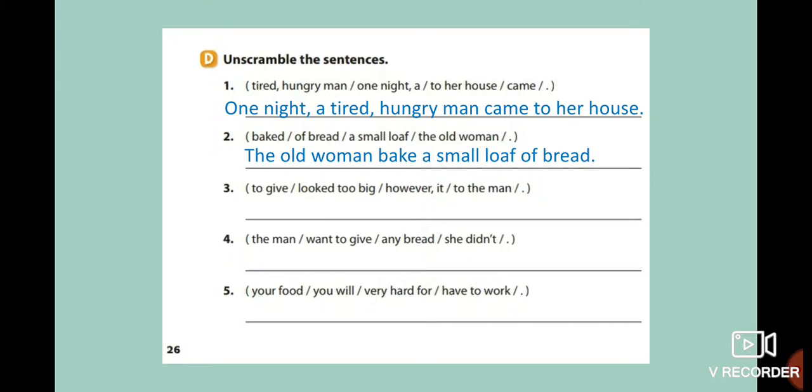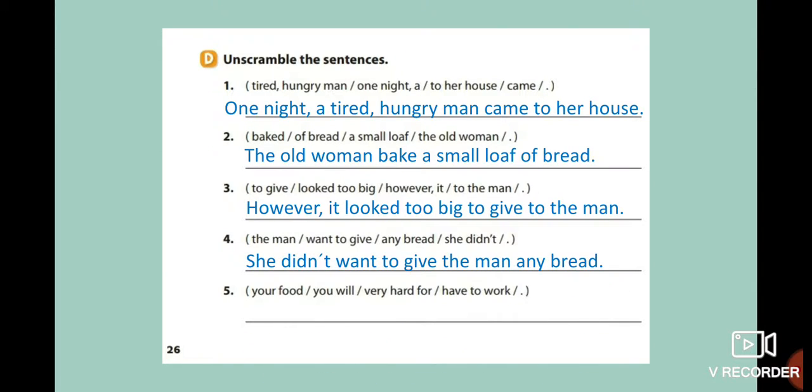Number 3, we have to give, look too big, however, eat, and to the man. If we unscramble the words, we have: However, it looked too big to give to the man. Number 4, she didn't want to give the man any bread.